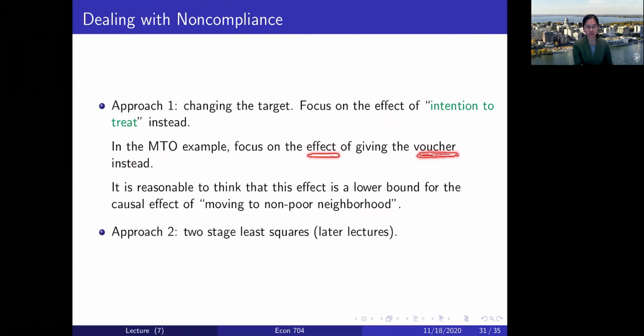The causal model with the voucher as the explaining variable does satisfy the orthogonality condition. So that effect, even though it's not the effect we are really interested in, it's reasonable to think it's a useful quantity to learn. For example, this effect is reasonably believed to be a lower bound for the actual causal effect of moving.